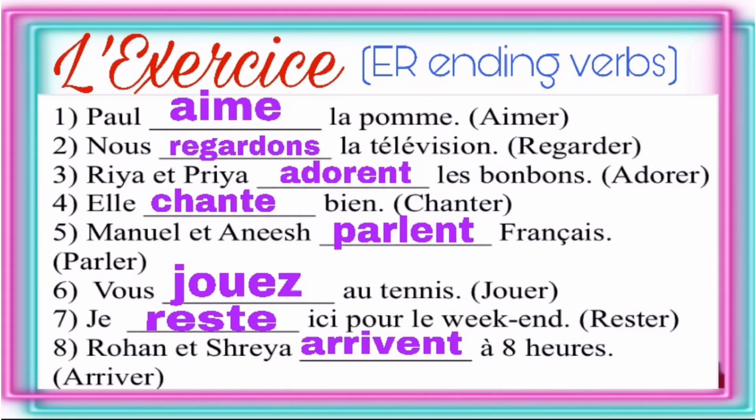So we will simply add e with je, so it will become reste. The next and the last one is Rohan et Shreya dash à huit heures, and the verb given in the bracket is arriver. So there is one boy and one girl, so we will conjugate with ils plural. Alright, so it will become arrivent. Rohan et Shreya arrivent à huit heures. That means Rohan and Shreya are arriving at 8 o'clock.